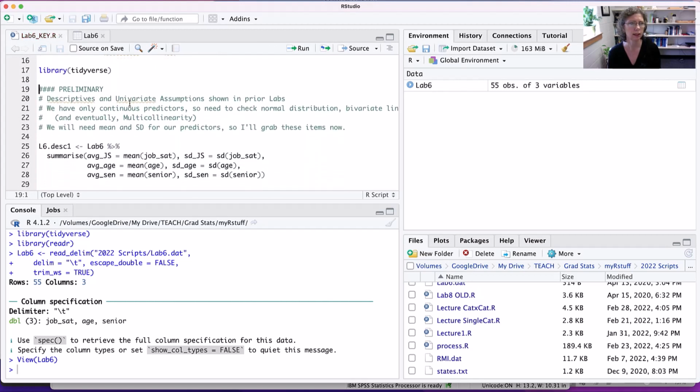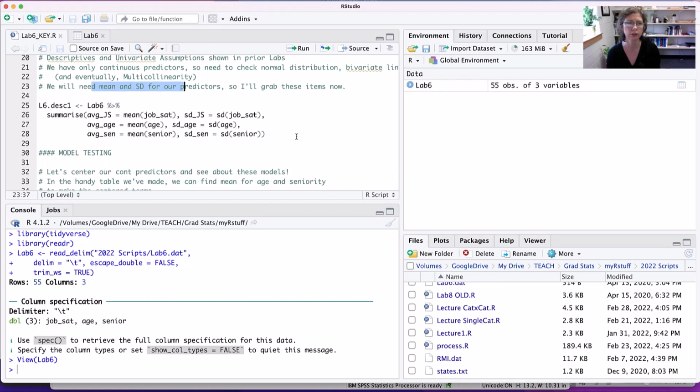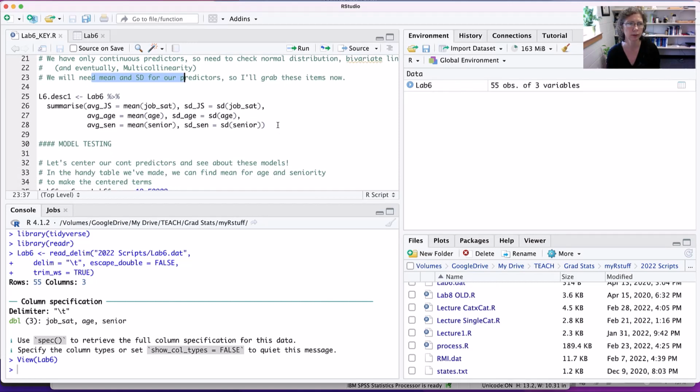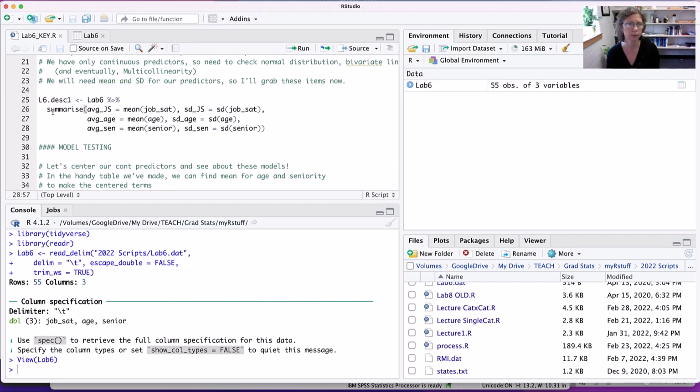And again, descriptives and univariate assumptions are shown in prior labs, so I'm not going to do them here. We only have continuous predictors, so normally you would check your normal distribution and bivariate linearity, and multicollinearity when you're doing correlations is a good idea. Then we are going to need our mean and standard deviation for the predictors, so I'll go ahead and pull those. I wrote myself a little script to make an item in the environment.